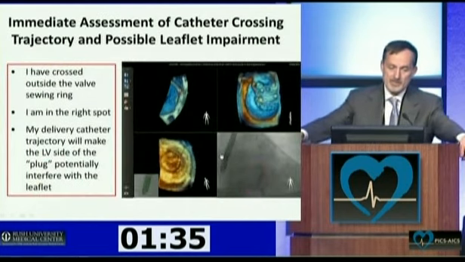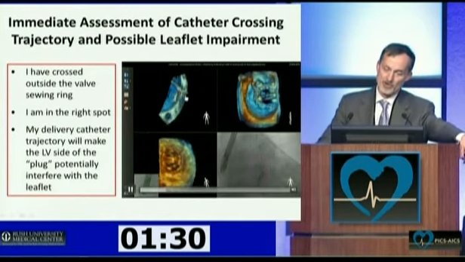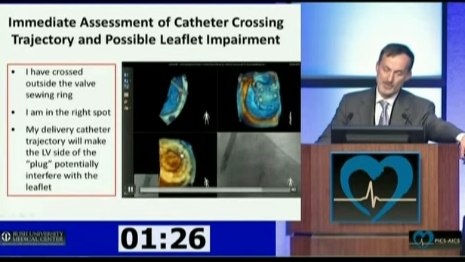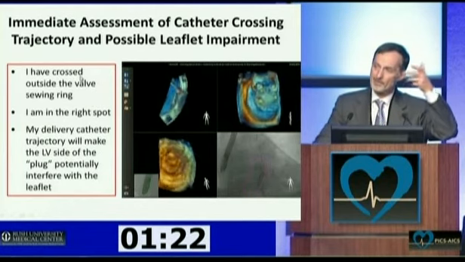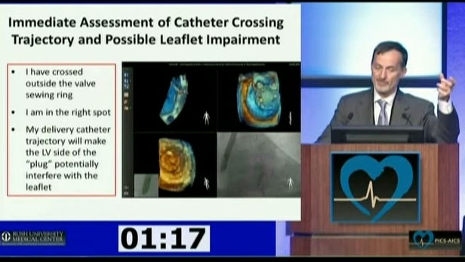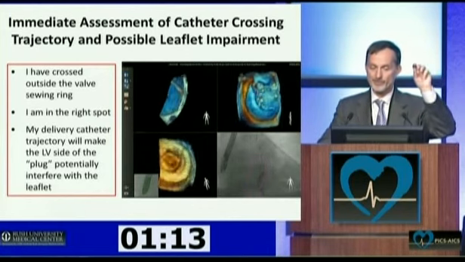And then you can immediately cross, and you see here we've got a catheter across a paravalvular leak. You can see it from multiple different angles, and you can immediately have very clinical, useful insights. I've crossed, I'm outside the valve ring, I don't have to wait for the echocardiographer to give me a different view to figure that out.